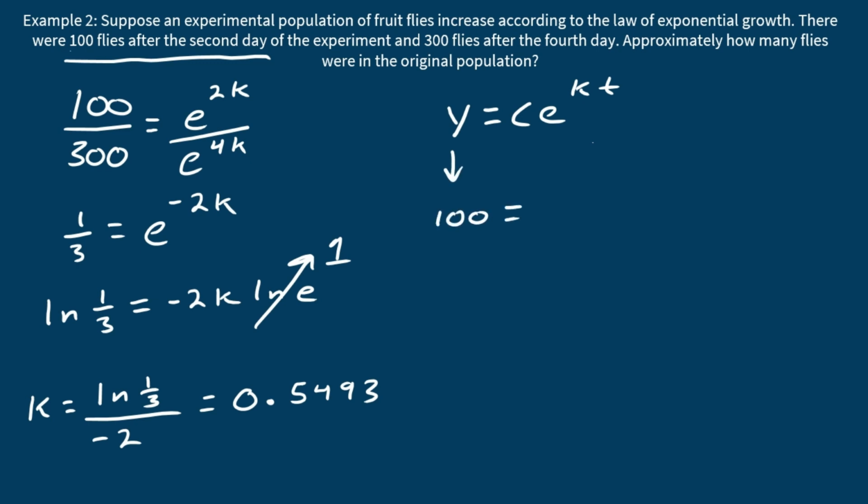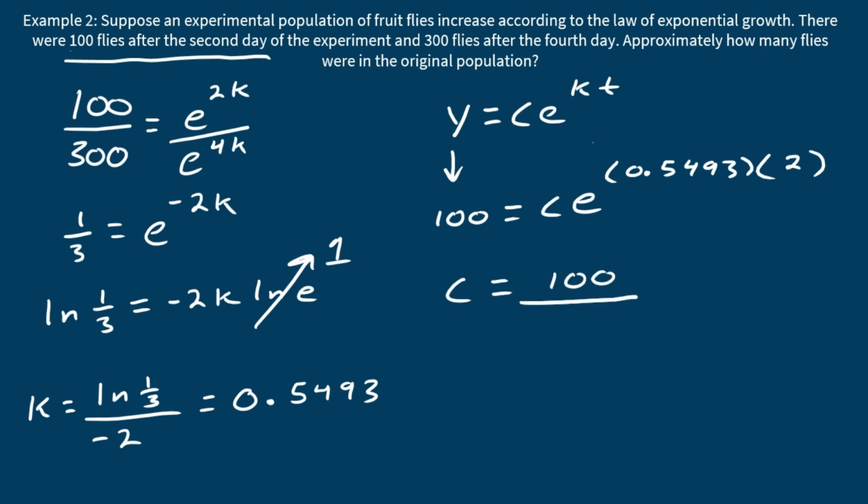And that's going to be equal to c times e to the k, which is 0.5493, times our t value, which is 2. And now, when you solve for c, we'll have that c is going to be equal to 100 divided by e to the 2 times 0.5493.